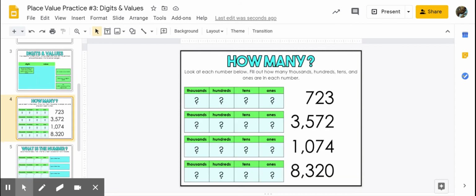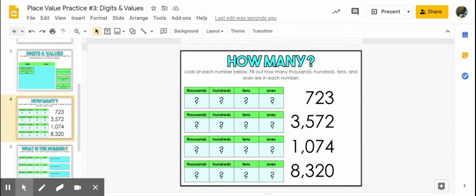How many? Look at each number below and fill out how many thousands, hundreds, tens, and ones are in each number. So for the number 723, you're going to place each digit in the correct place value column. This number doesn't have any thousands, so we can leave this blank.